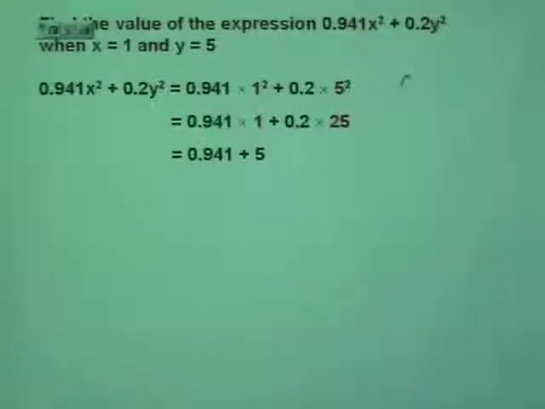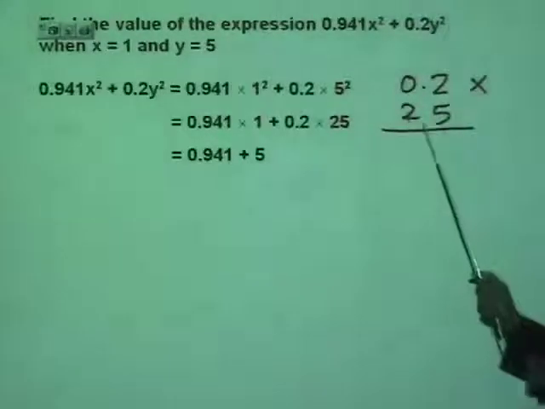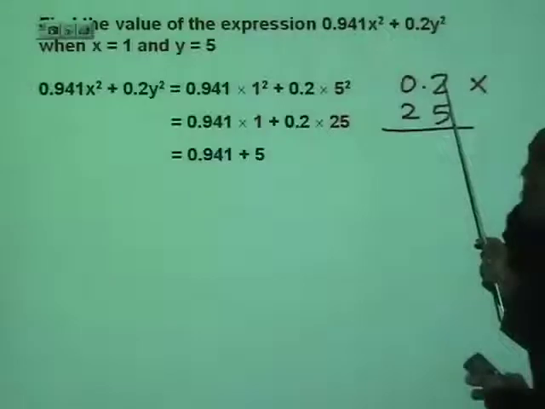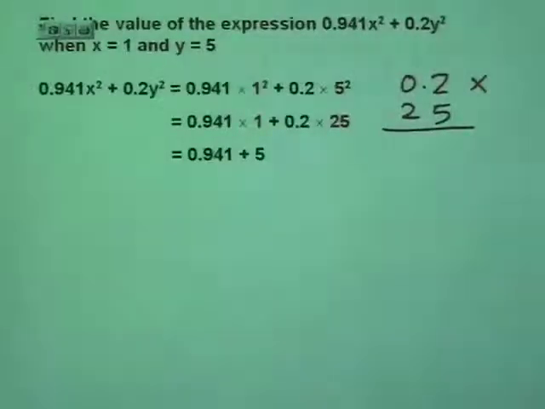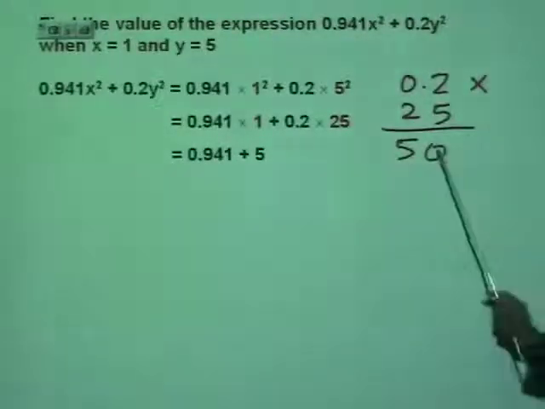We have 0.2 multiplied by 25. All you need to do is multiply the numbers. 25 multiplied by 2 is 50, so I'm going to write 50 there.